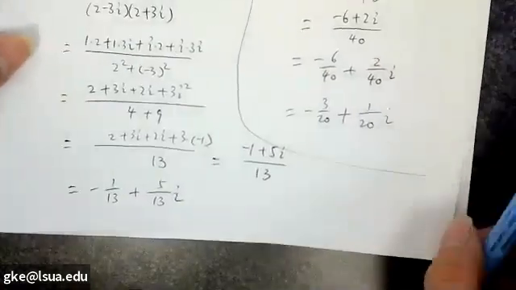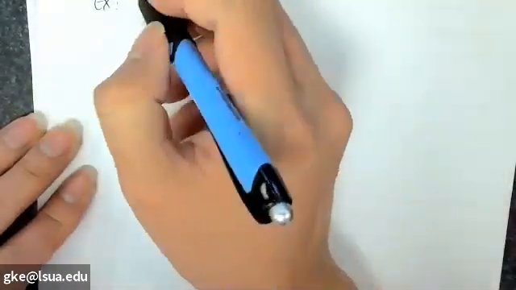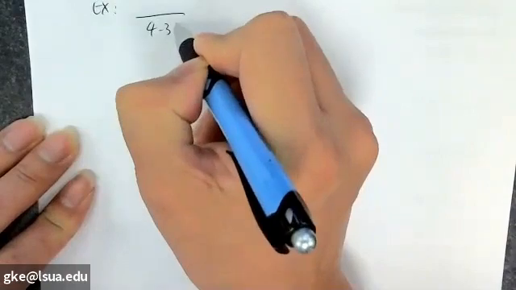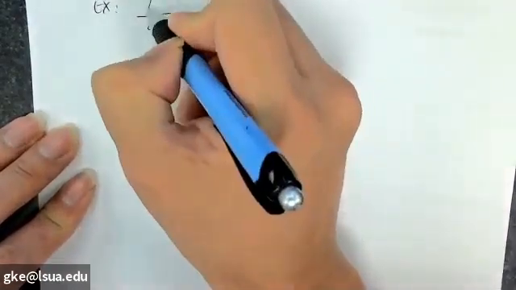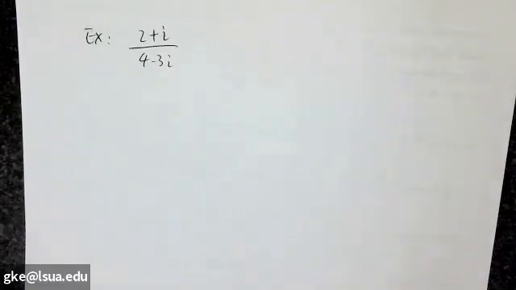We did a lot of examples already. 2 plus i divided by 4 minus 3i. We divide 2 plus i by 4 minus 3i.